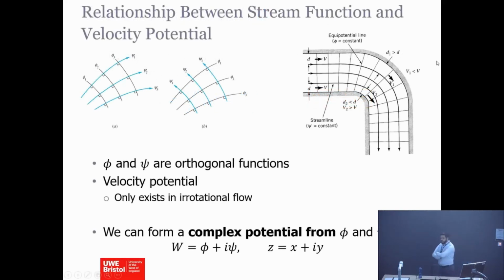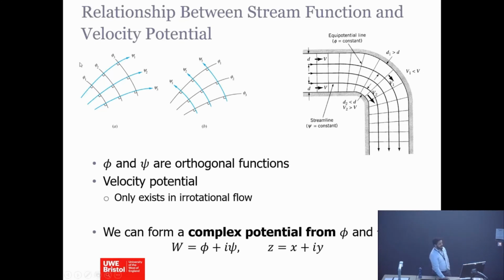So, what is the relationship between the velocity potential phi and the stream function psi? It turns out rather nicely that they are related. They're not cousins, but they are related. It turns out they are orthogonal functions.